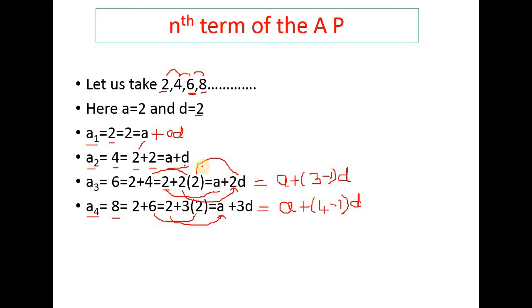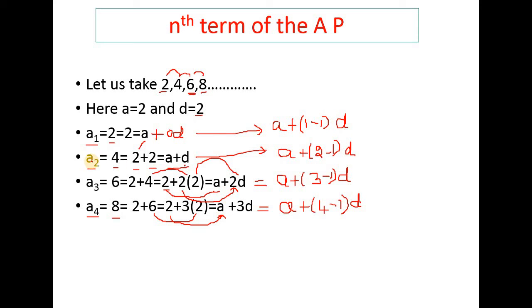Similarly, the above two terms can also be written like this: A plus 2 minus 1 into D, and A plus D can be written as A plus 1 minus 1 into D. So A1 is equal to A plus 0D, since 1 minus 1 is also 0.